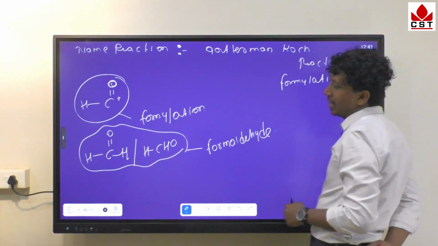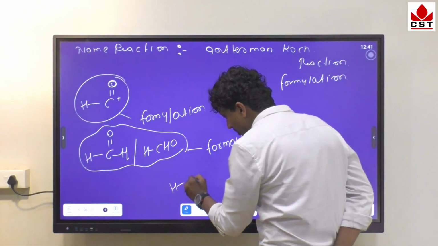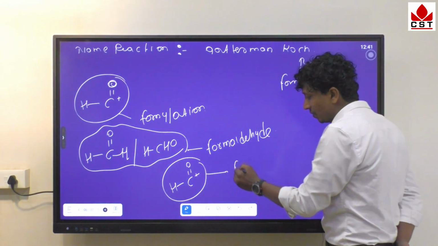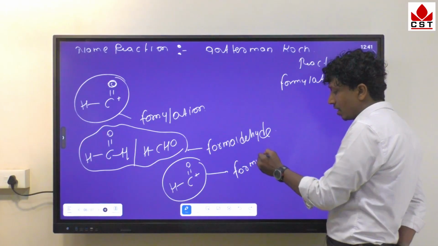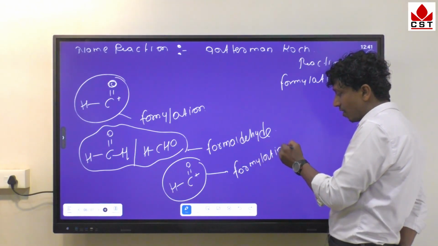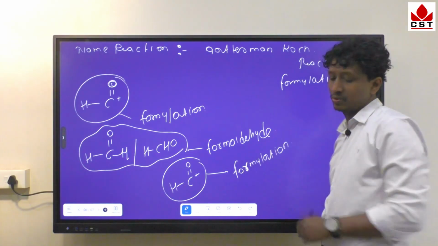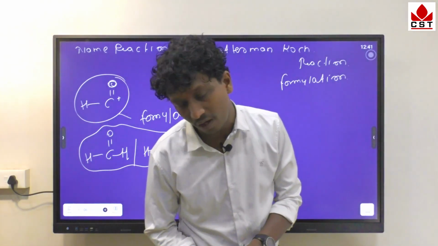Now in the compound there is an introduction of HC double bond O, and that HC double bond O is the formylation.